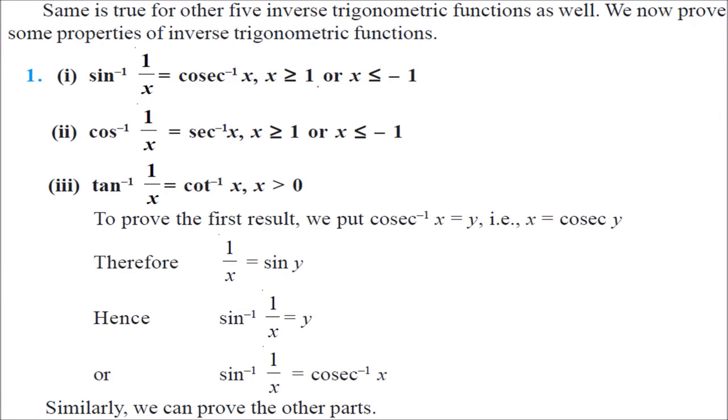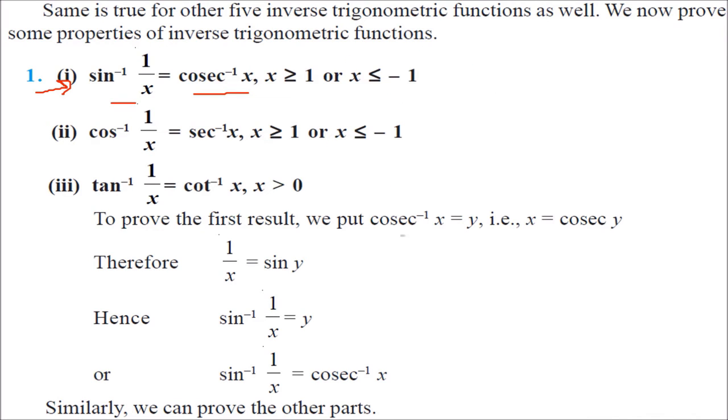And there are various properties of inverse trigonometric functions, because once one part is known to you, you can easily devise or prove the other part. Well, I'll show you how. The first property is sine inverse 1 by x will be equal to cosec inverse x. How?